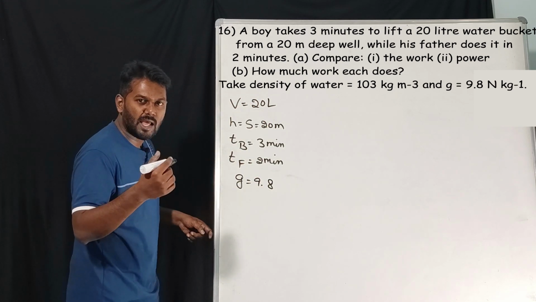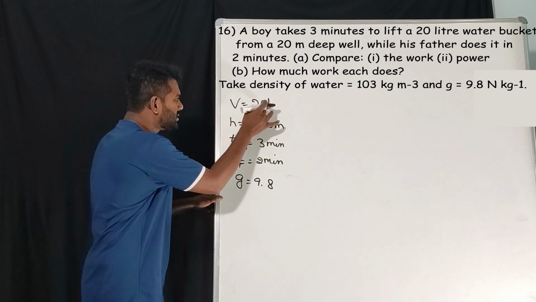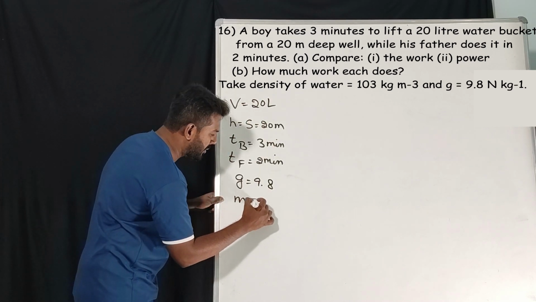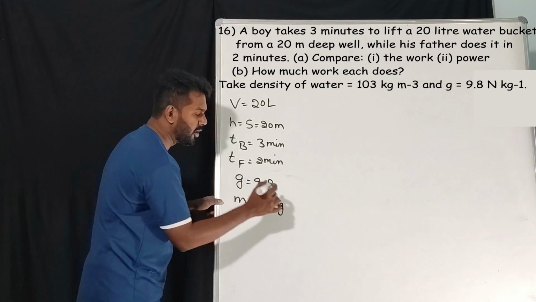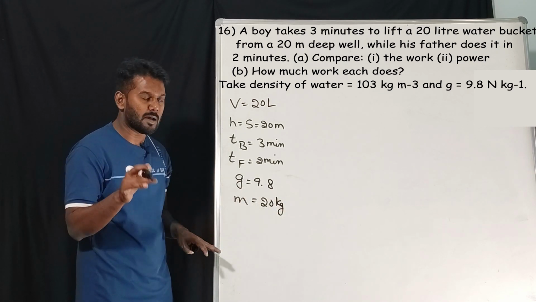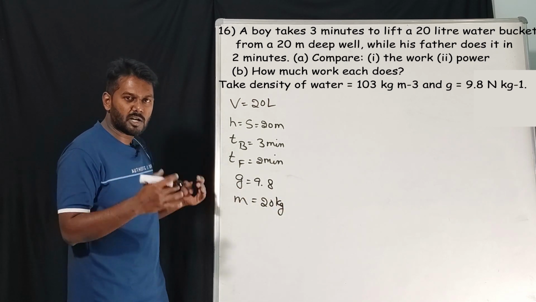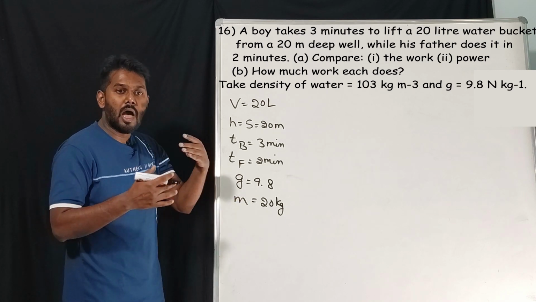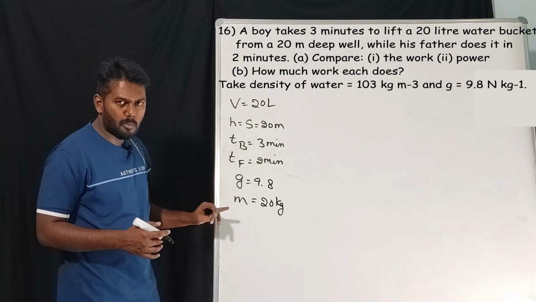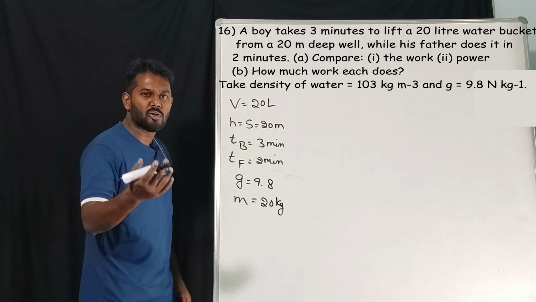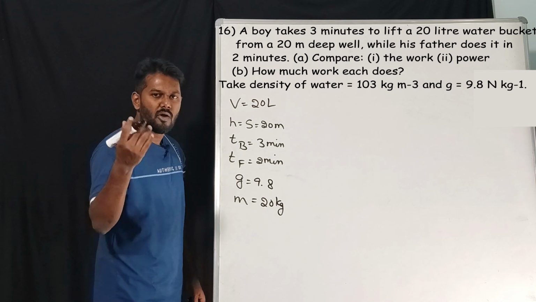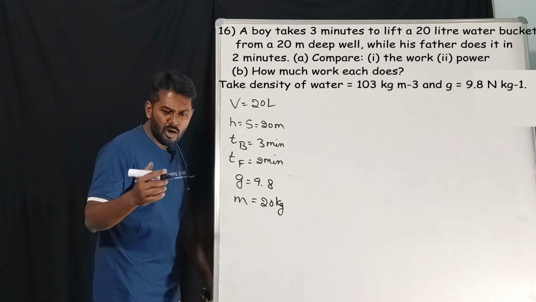So I am going to write the answer directly. If volume is equal to 20 liters, mass will be 20 kg. You have to show this conversion in the exam. That is why I am telling you, in question number 7 I have taught you how to convert this volume into mass. Very simple method. You already know, you have learnt in 8th and 9th standard. Very simple logic.